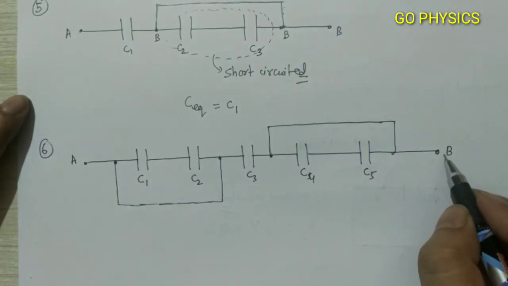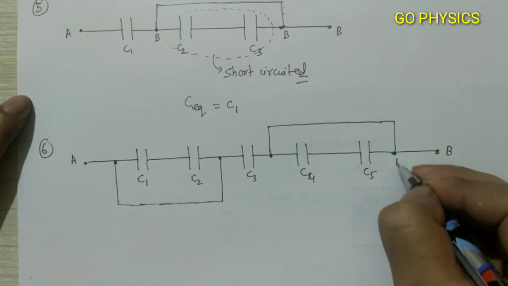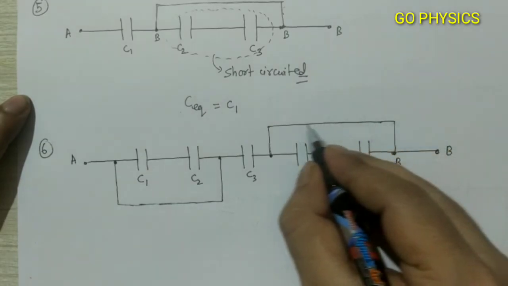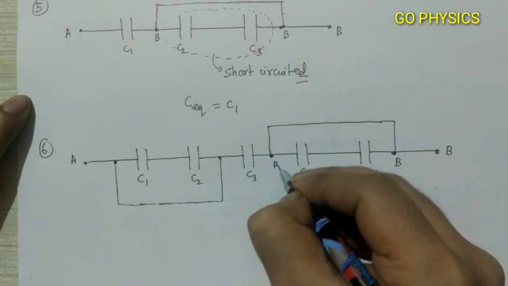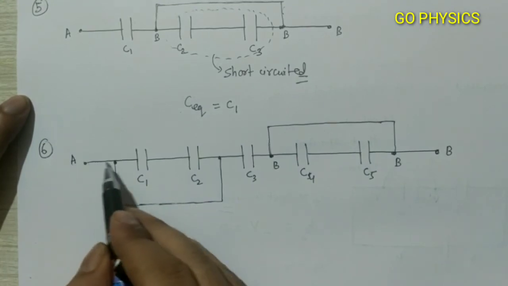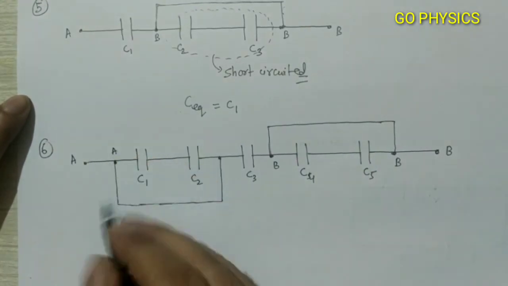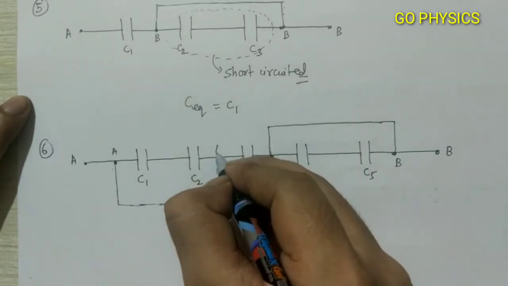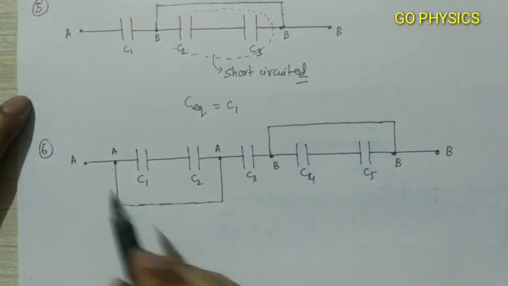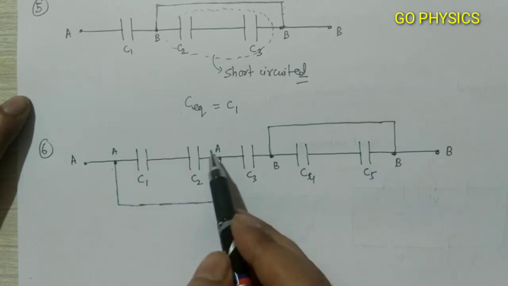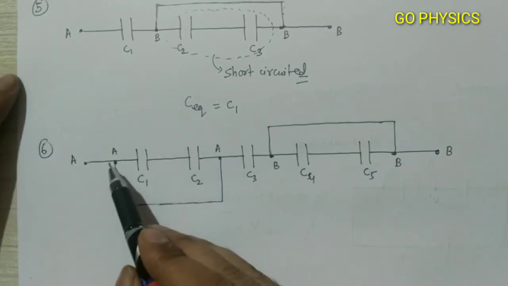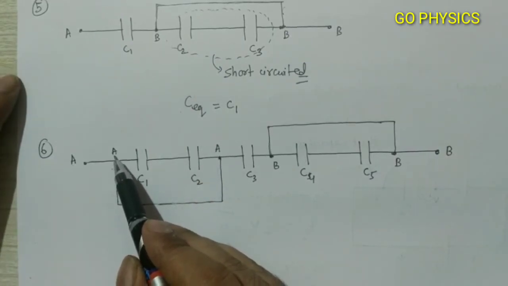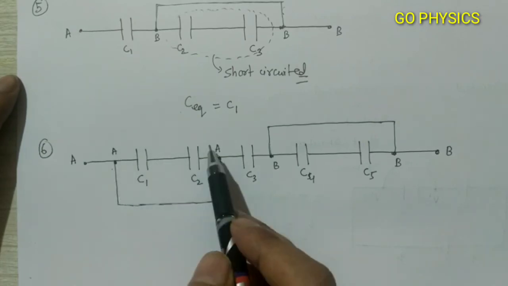So this point is B, so this point will also be B, and we are not crossing any capacitor, so this point is also B. This point is A, so this point will also be A, and we are not crossing any capacitor here, so this point is also A. As I told earlier, the points or nodes having the same name A, they will have the same potential.